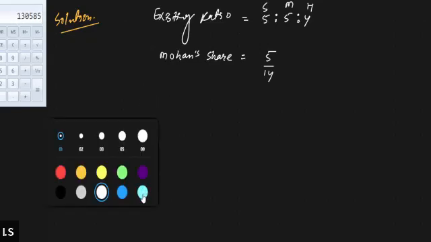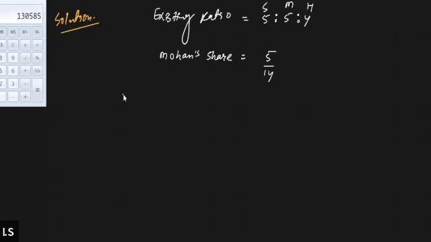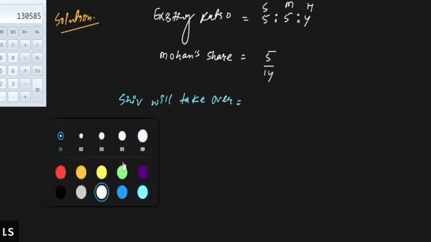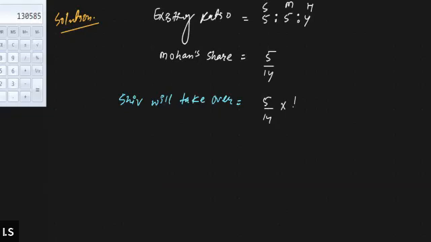So that means Shiv will take over 5/14 into 1/2, and Hari will take over 5/14 into 1/2.